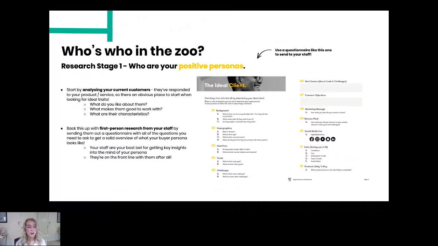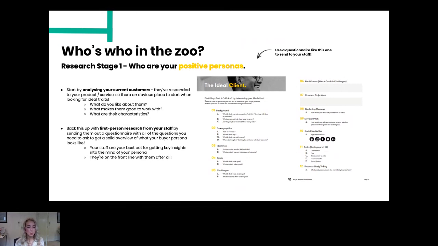So we can start doing this by analyzing your current customers. This is a super obvious place to start, I think, because they've already responded to your product or service. So you know that it's working for them. So you can have a look at what you like about them. What makes them good to work with? What are their characteristics?